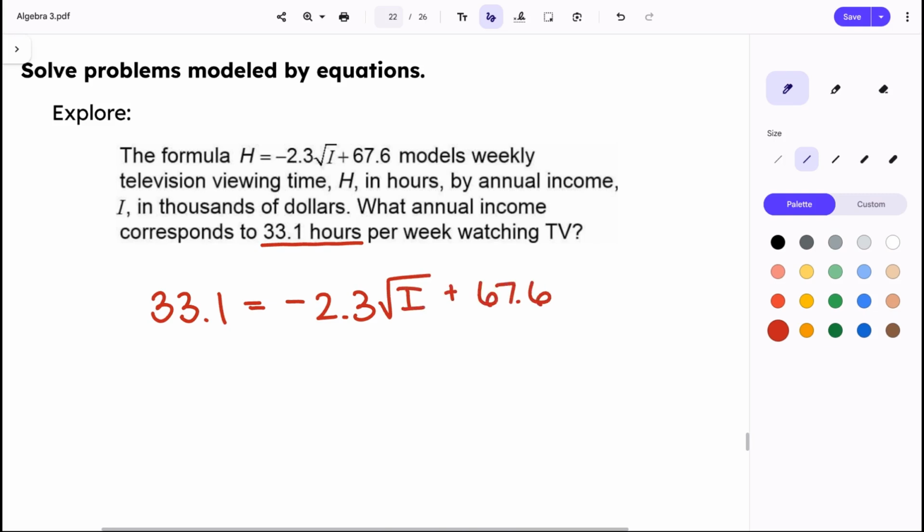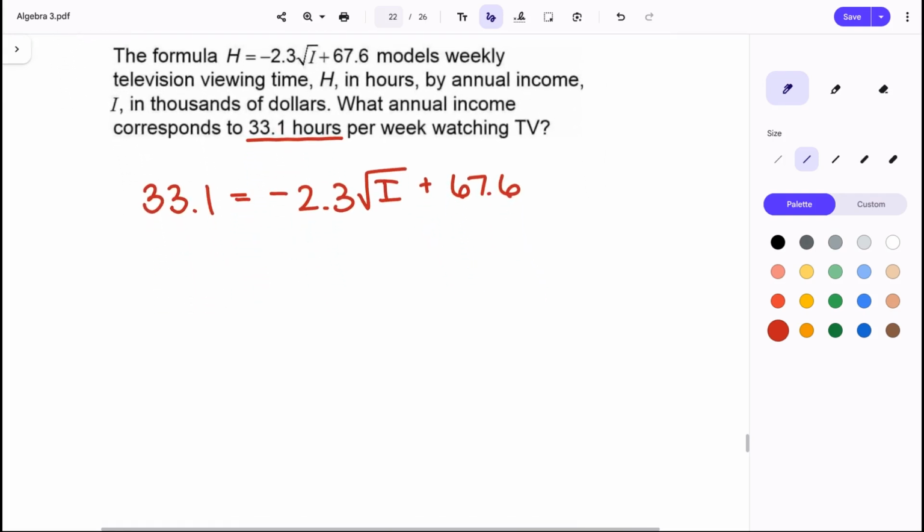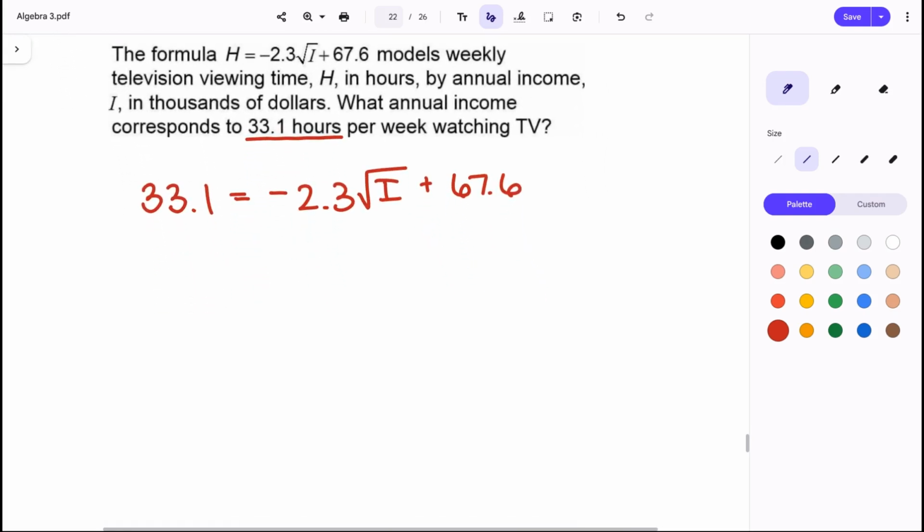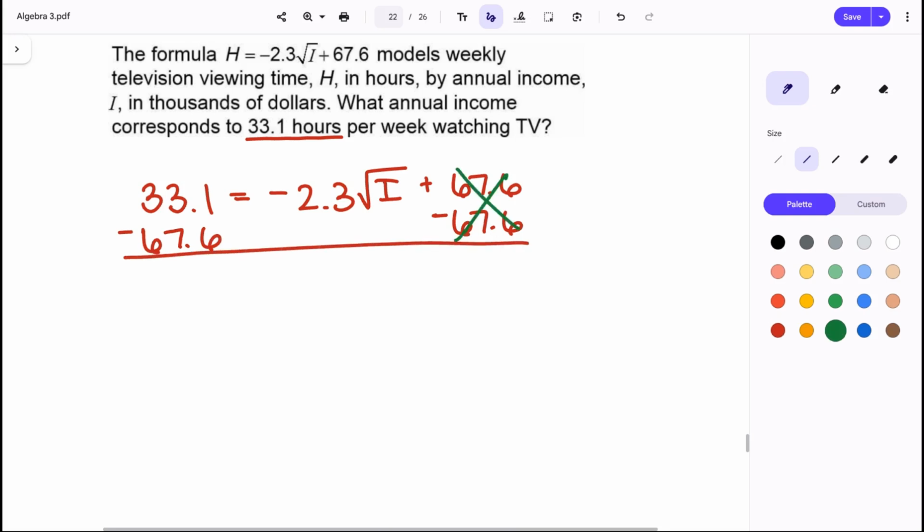And we're going to set that equal to the rest of the formula. And I need to solve for I because they're asking me for the income. So think about what we were doing before. We want to try to get that radical where the variable is kind of by itself. So what should I move over first? 67.6. Okay, so I'm going to subtract that. So what would be 33.1 minus 67.6?